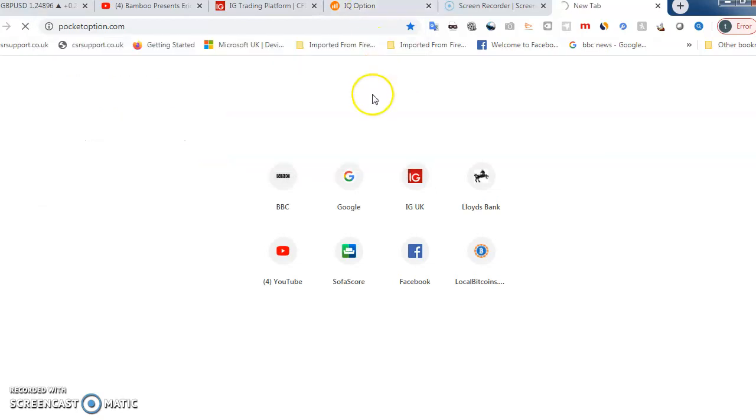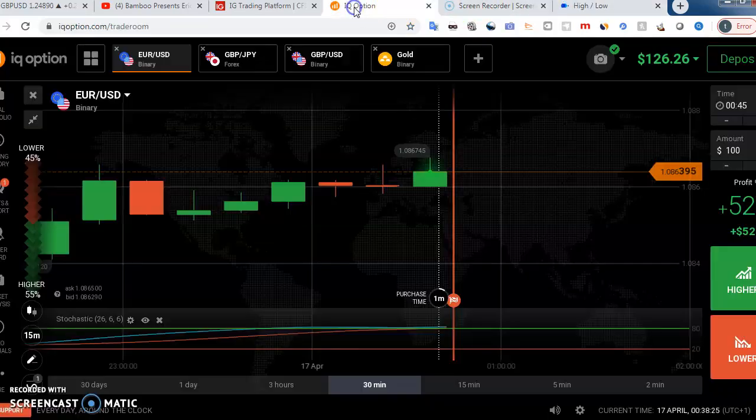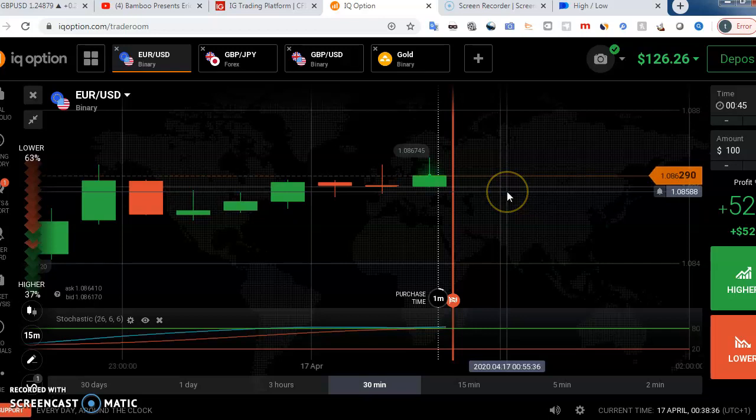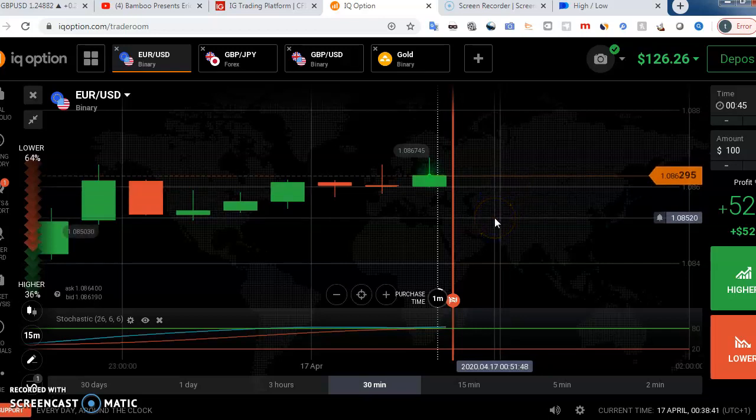Pocket Option changes their percentage, but at the best time they give 80%. IQ Option always gives like 72%, and it's constant. So any time of the day, I can always be guaranteed 72%. So do the math, 72% on 7 wins.